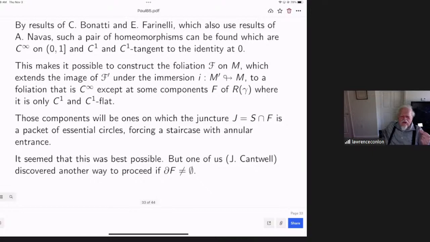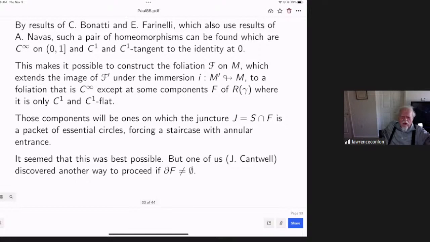So with this, we can extend the foliation F prime into this bad staircase to a foliation that's C infinity, except at the floor of the staircase, where it is only C1 and C1 flat.